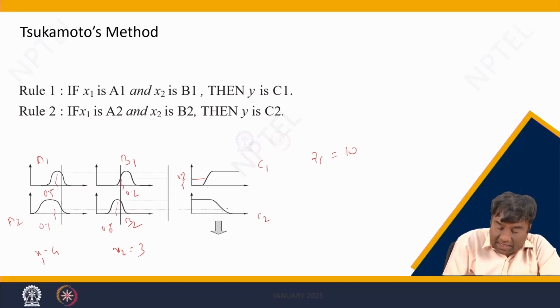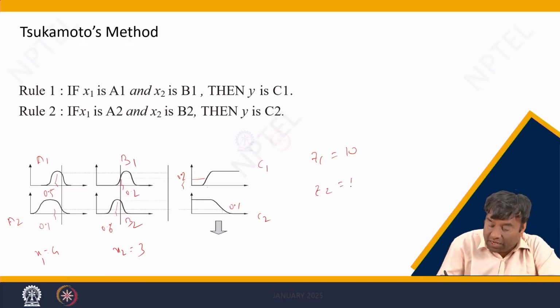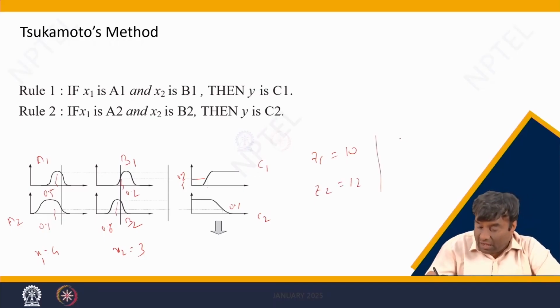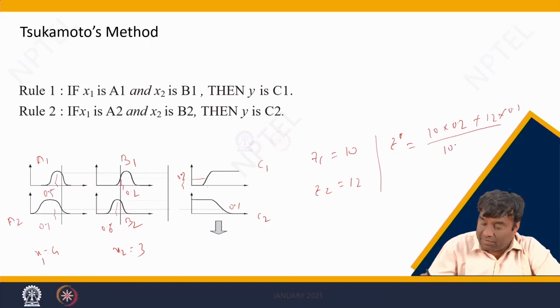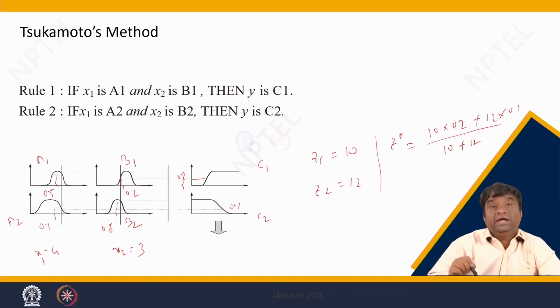So minimum is there, so this is 0.1. Suppose z2 equal to 12. So here the crisp output z star equal to 10 into 0.2 plus 12 into 0.1, divided by 0.2 plus 0.1. So we'll get the crisp output by this method.